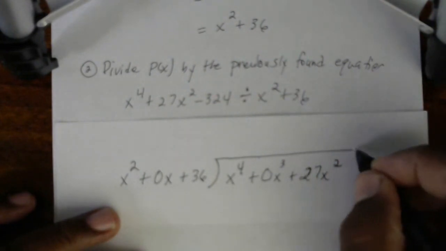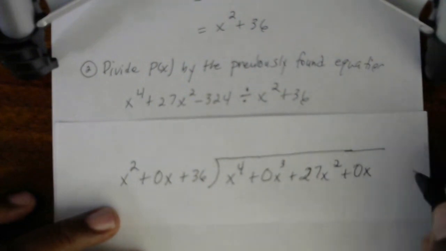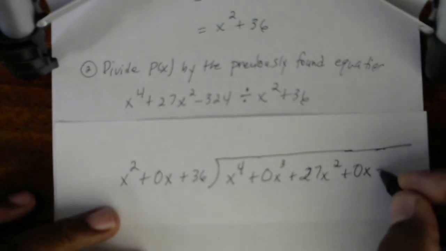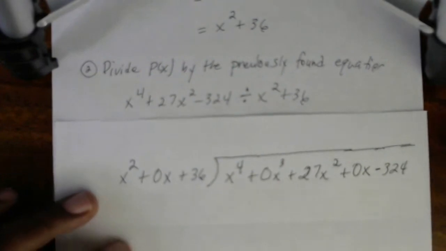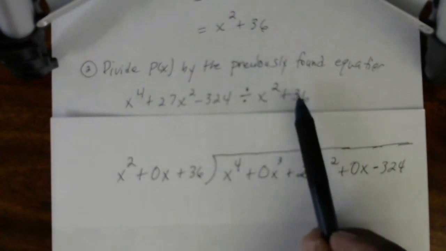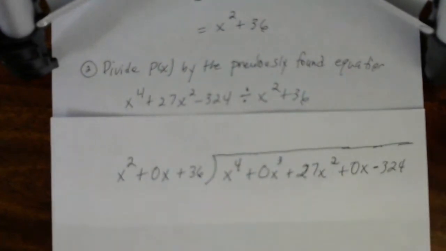I do not have my first degree term, so I'm going to put in a filler x. And my constant, or 0 degree term, is negative 324. All right, so notice you've got to be careful on this, and I put in some filler terms.